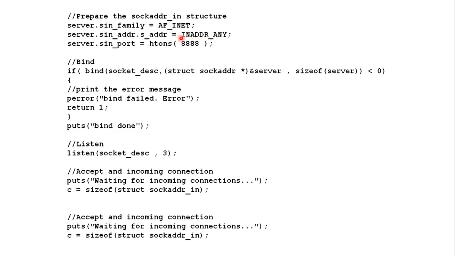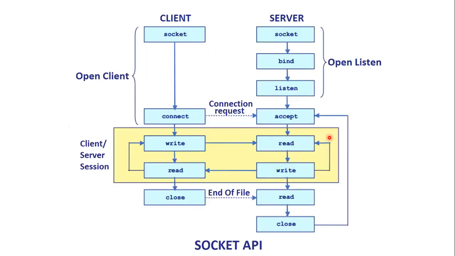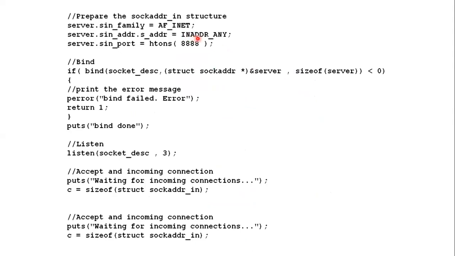Suppose this is the server and there are thousands of clients who want to communicate with it. The server is not restricting any client from communicating with itself. If you want to create filters, so that only some of the clients can contact you, then you can define that allowable IP address range here. But here, any IP address can communicate with the server.